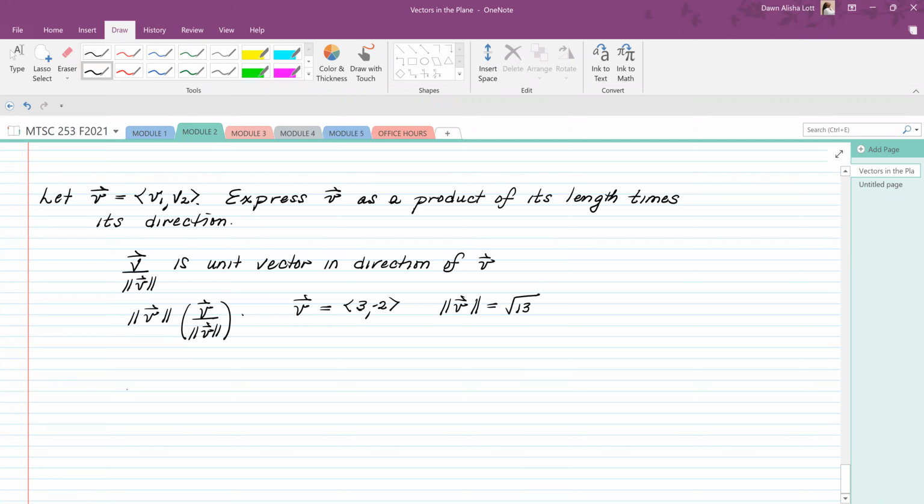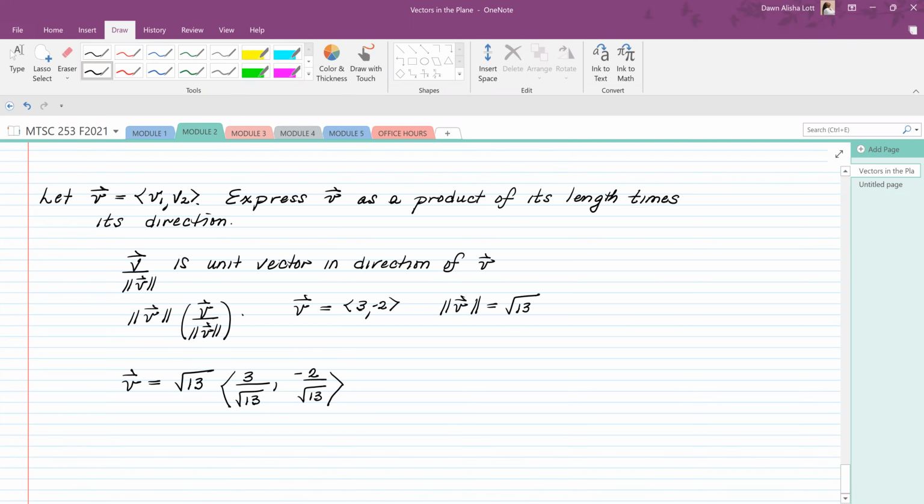So therefore, we can write v as the square root of 13, that's its length, multiplied by the vector 3 over the square root of 13, comma, -2 over the square root of 13.